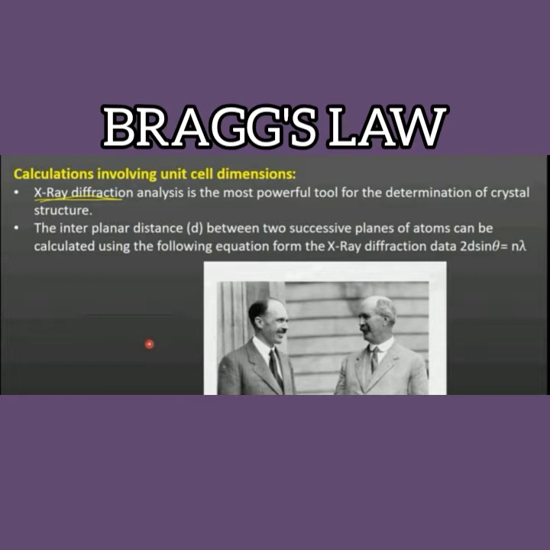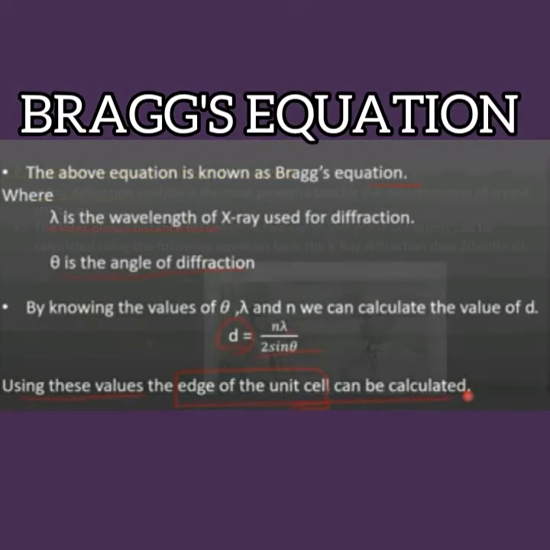Now the law, the interplanar distance. When X-ray is passed through the crystal structure, that is cubes, it has different planes. The space between two planes we call the interplanar distance. The interplanar distance d between two successive planes of atoms can be calculated using the following equation, that is n lambda equal to 2d sin theta.